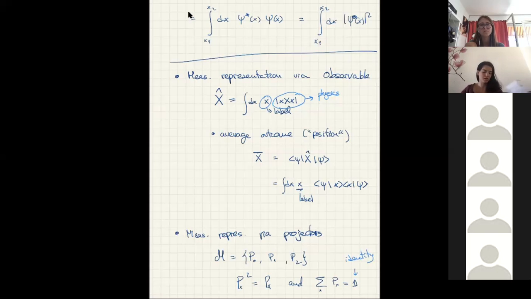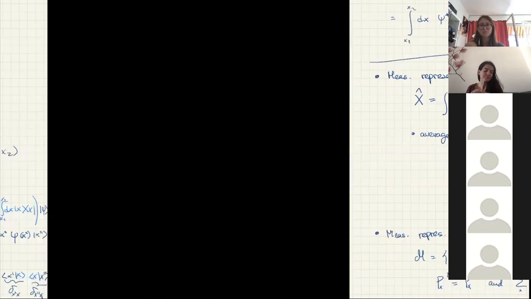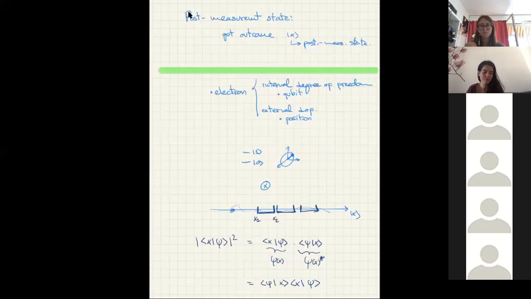So, for example, in the coarse-grained case before, you could think of three projectors.